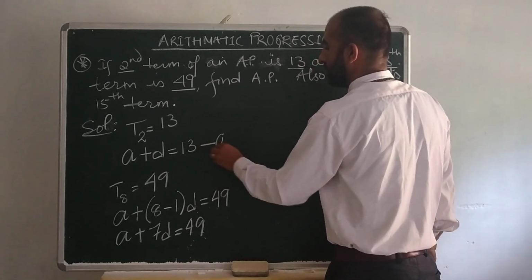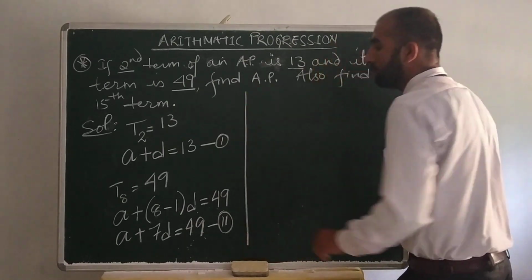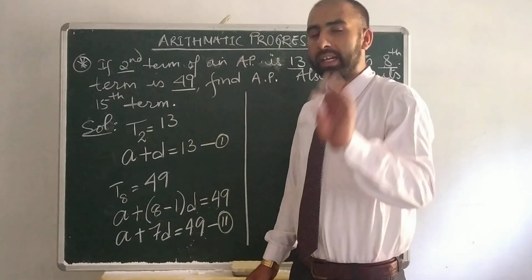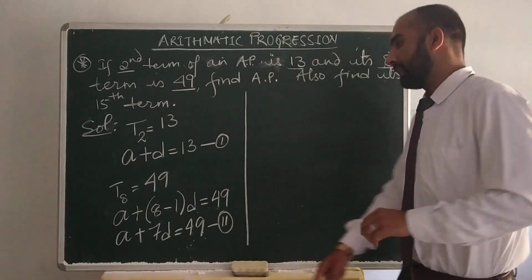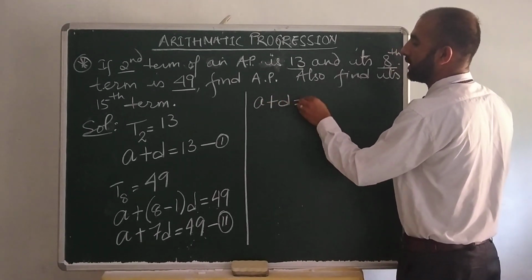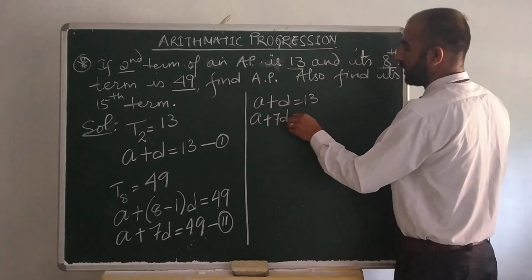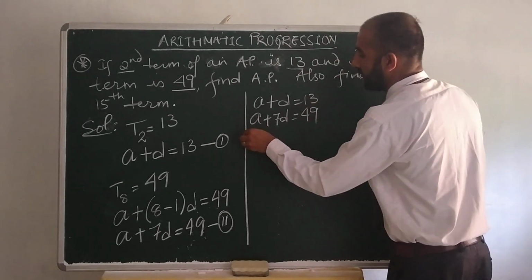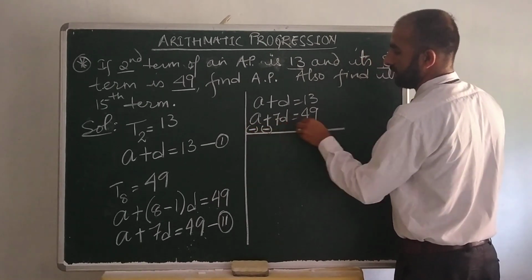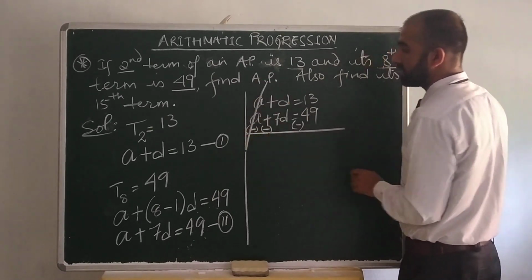So here we got first equation, here we got second equation. So we are going to solve these two equations by the method of simultaneous equations to get the value of a and d. Okay, here we go. We have first equation, a plus d equals 30. Second equation we have a plus 7d equals 49. Okay, let's subtract. So minus, minus, minus. a minus a will cancel.